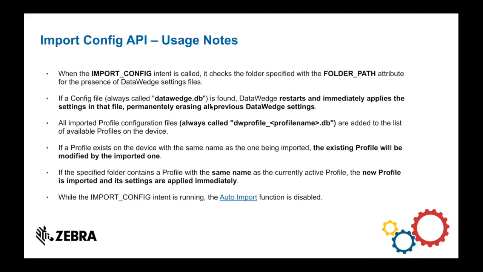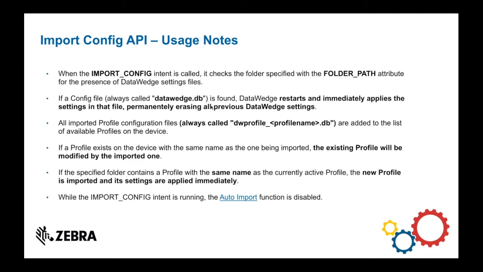So it's going to import and also apply immediately. Also, while this intent is running, any auto import functionality is disabled. Auto import is another feature in DataWedge where it looks for these settings files and automatically imports them. But if you trigger this via an intent, you have more control over what happens.